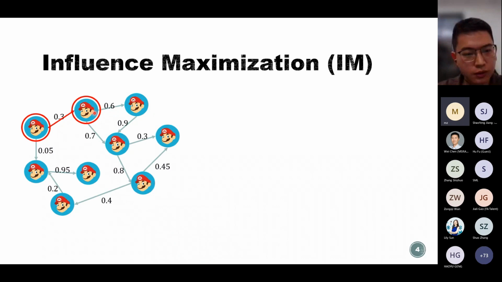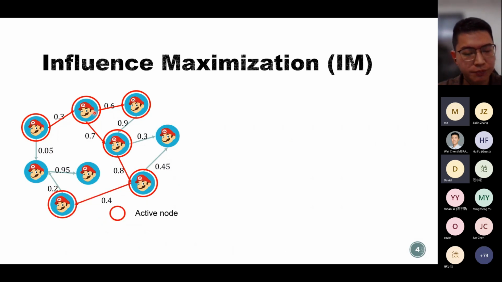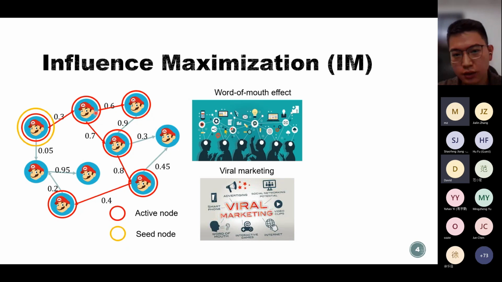Next, once these neighbors receive the information, they will again spread the information to their neighbors, like this, and the information will spread over and over again over the graph until the spread ends. In this graph, the red nodes are called active, and the node that receives the information initially is called the seed node. This phenomenon is called the word-of-mouth effect.